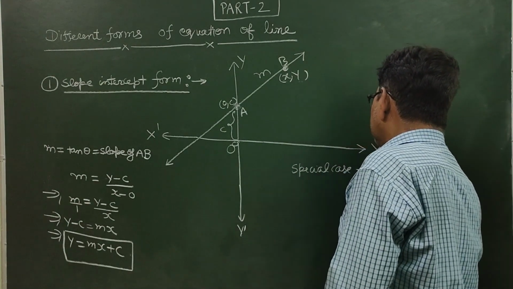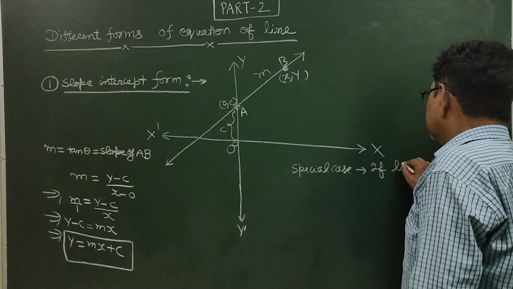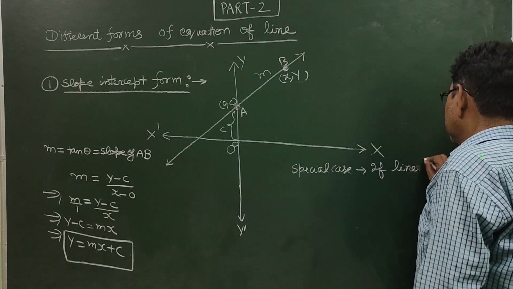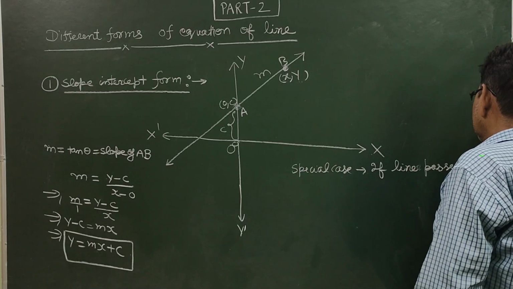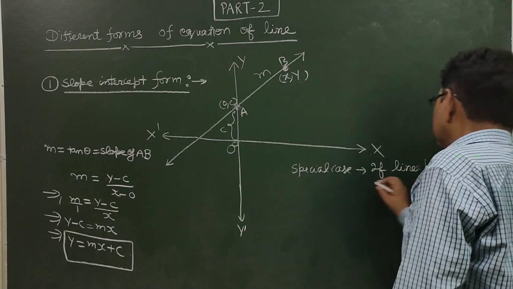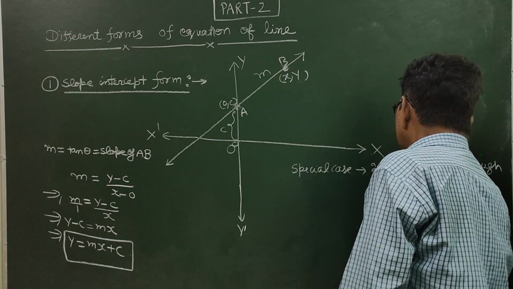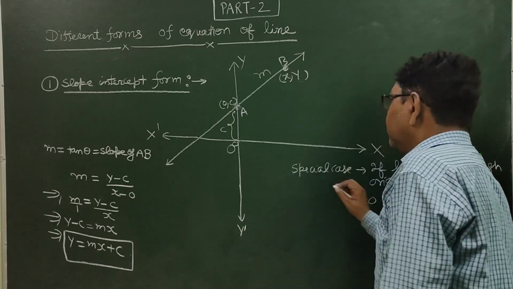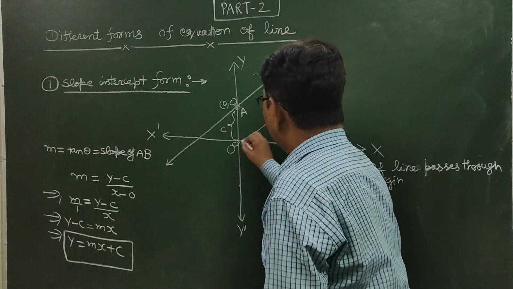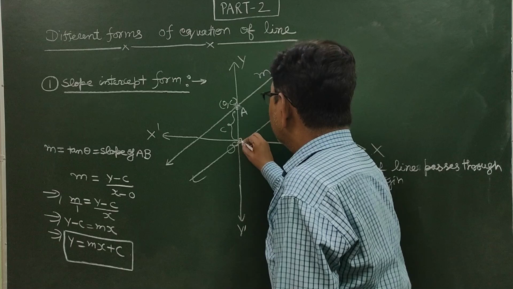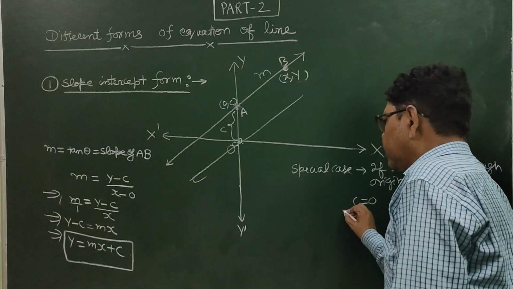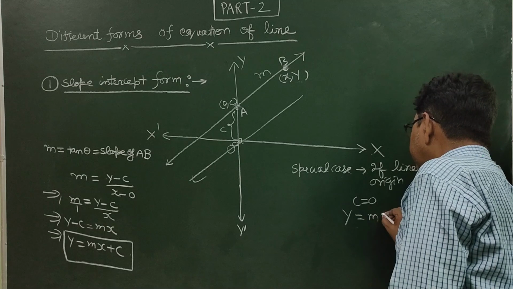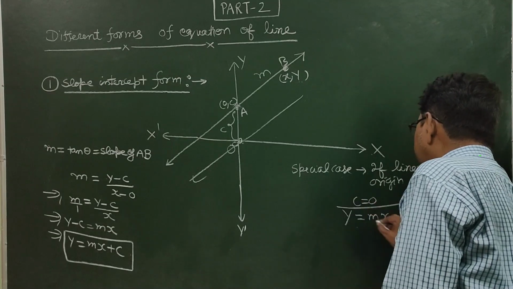If the line passes through the origin, then c is equal to 0. If this line passes through the origin, then the y-intercept c will be 0, and in that case the equation of the line will be y equal to mx.